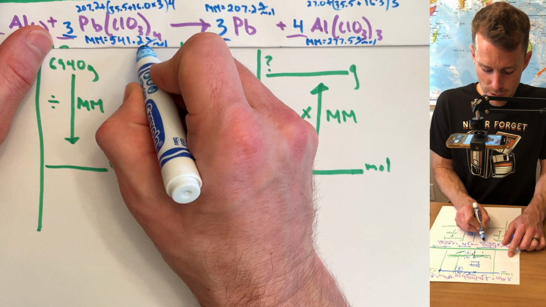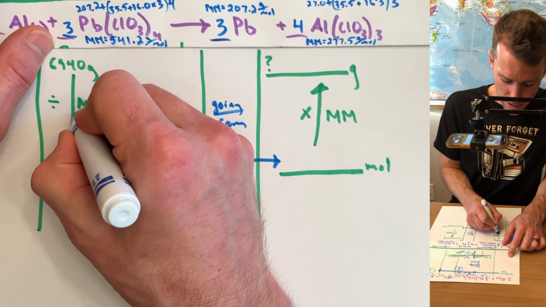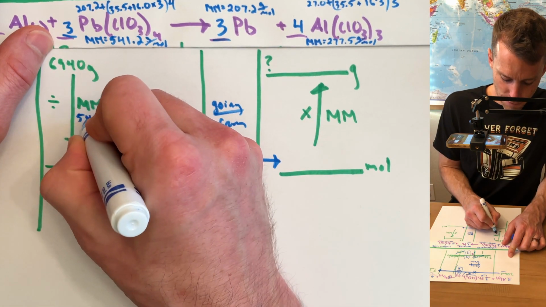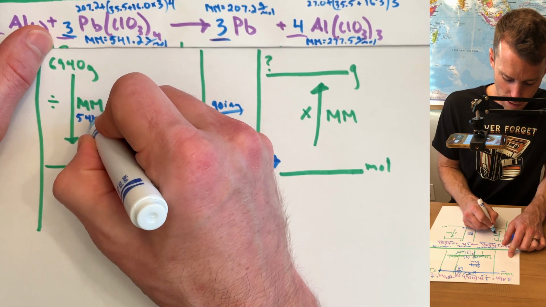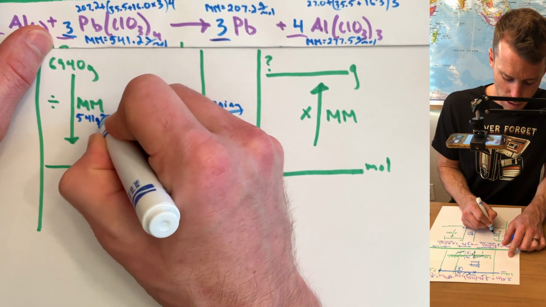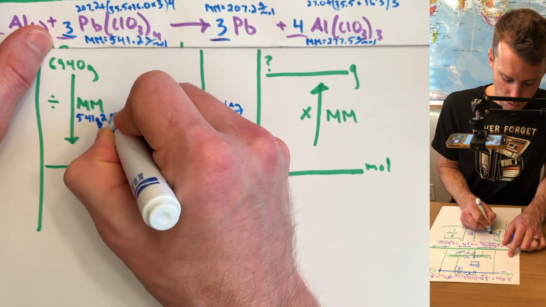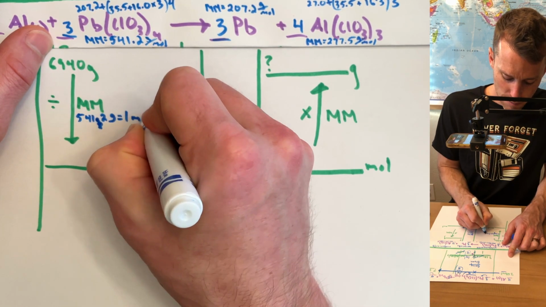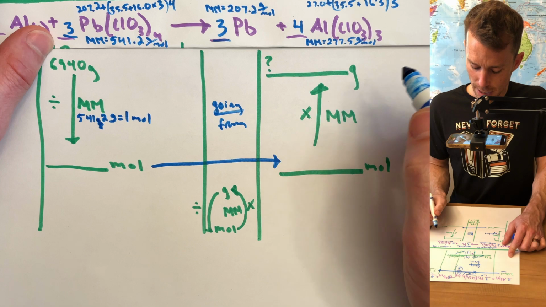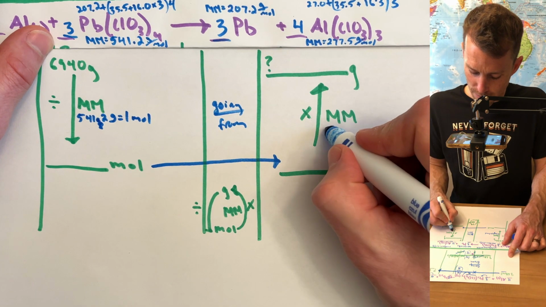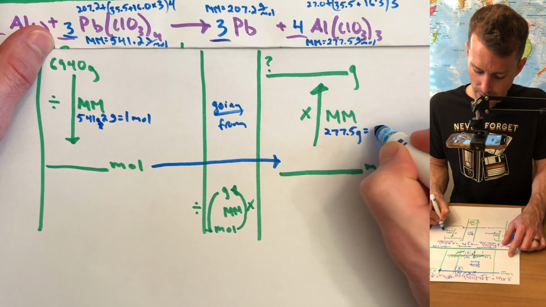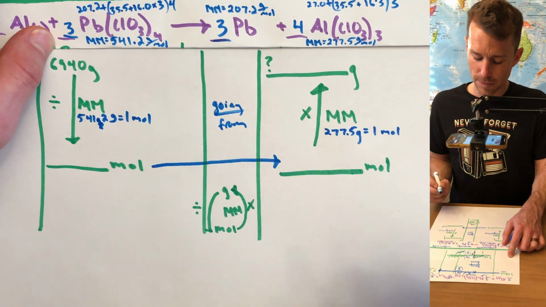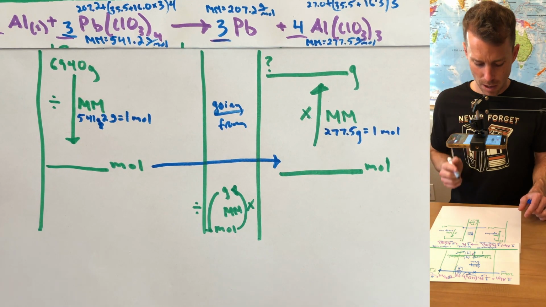So these numbers, my molar masses, I write them right here by saying 541 grams. I should have put 0.2. Let me do that. 541.2 grams for every 1 mole. And this one right over here, we have 277.5 grams for every 1 mole. Now I'm ready to do the math.